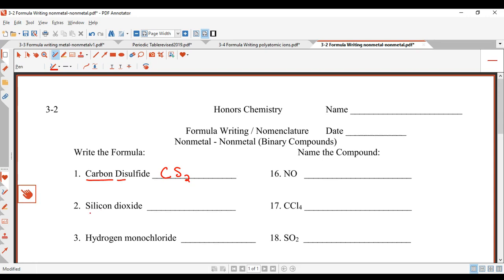The next one, silicon dioxide. Again, we write our first element, Si. There's no prefix. There's only one of them. And then we have 2 oxygens because there's a di here. So we put SiO2.